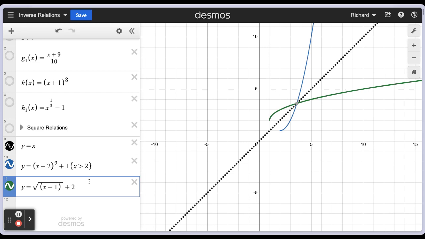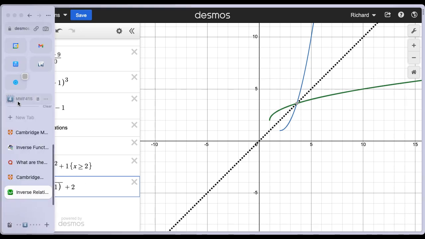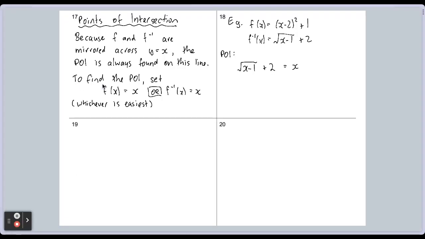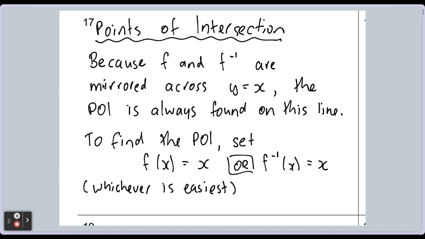Okay, the other thing I wanted to talk to you about was points of intersection. Now, a point of intersection, you can write those notes down. I'll zoom up so you can see them. But again, I won't give you too much time to write it down. We should know by now what a point of intersection is. A point of intersection is where two lines cross over on a graph.